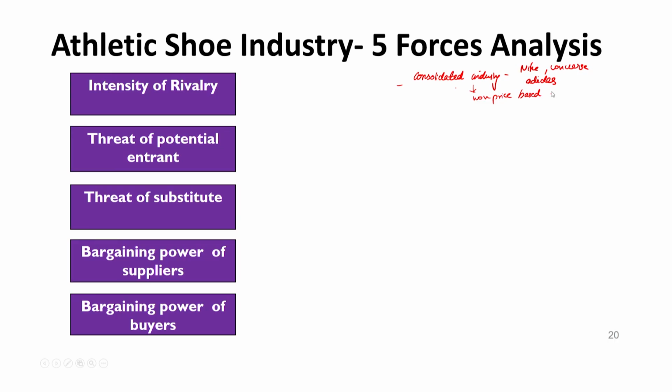That is, they compete by adding each other's products, by marketing, promotion, discounts and other things. However, if we talk about the rate of industry growth, it has almost reached maturity, and that is the reason why recently price-based competition has increased. Therefore, we can say that intensity of rivalry is medium to high.